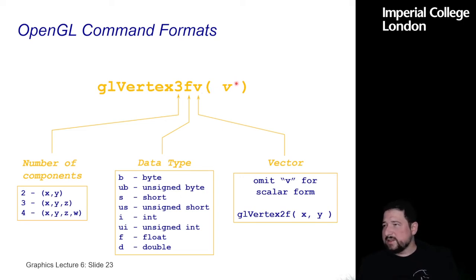But in this case here, this is just a pointer to a memory location, and it will be interpreted as a vector of 3 elements in float. So that is all encoded in the name of the function. I think it's not pretty according to most of your standards, but that's the way OpenGL does it.